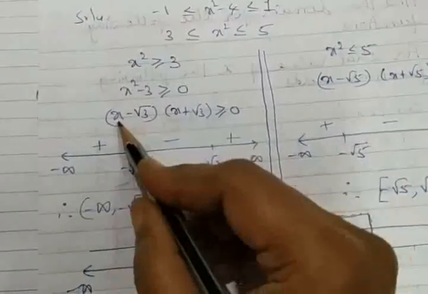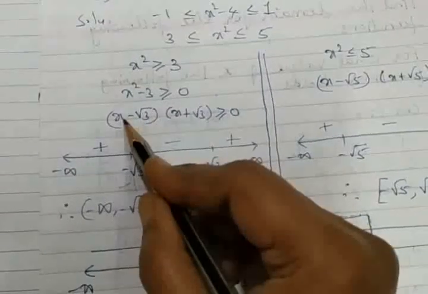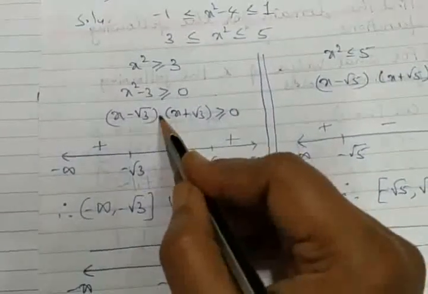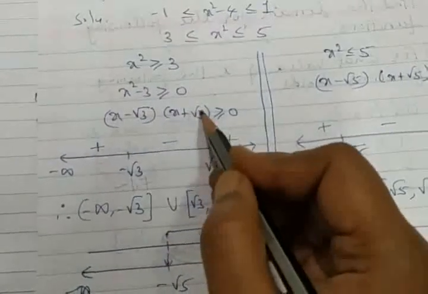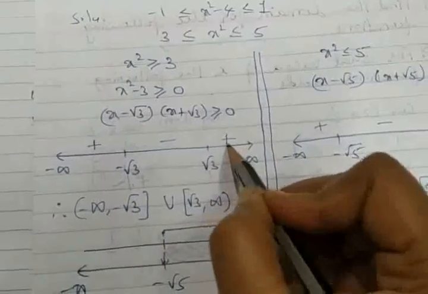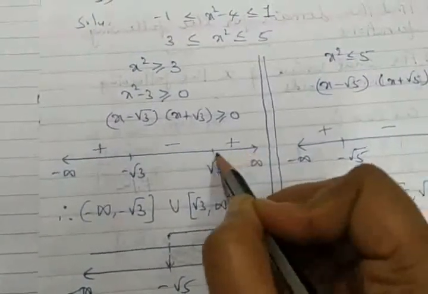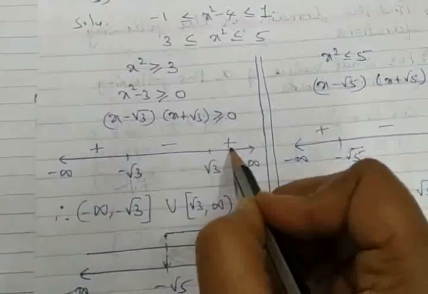So if I substitute 2 back here, it's 2 minus root 3. The value is positive, 2 minus 1.7. Positive value. It is 2 plus, once again a positive value. Plus into plus, the result is once again plus only. So the various points I am going to have here make this product positive only.